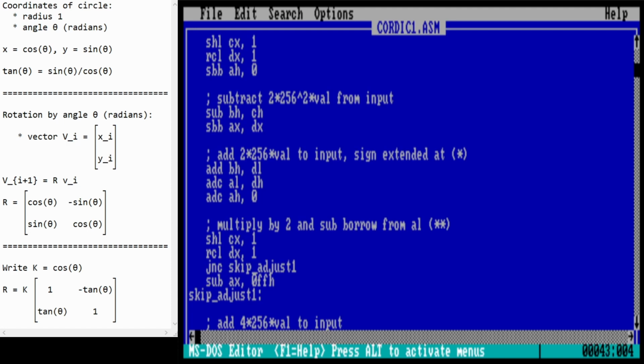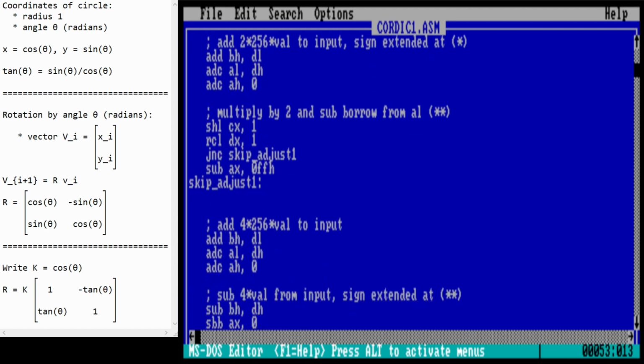But if there is a sign extension problem, as I said, we have to subtract FF from the AL register. And of course we need to propagate that through to AH. Fortunately, in assembly language you can actually subtract an 8-bit immediate value from a 16-bit register, so that can be done in one instruction. But anyway, that handles our sign extension problem for those 2 different parts of the sum.